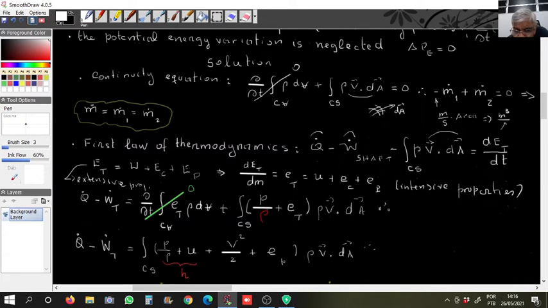So I have a small u, internal energy. This is kinetic energy, v squared divided by 2, and this is the potential energy. So I'll plug in that famous equation. The famous equation I'll repeat here: dN/dt of the system is equal to the partial with respect to t, that's 0, plus the integral over the control surface of eta rho v dA.